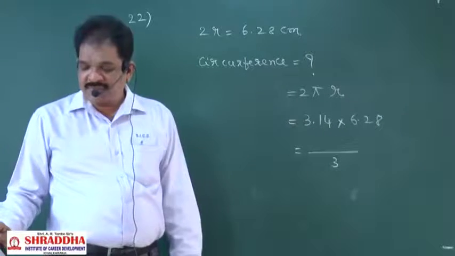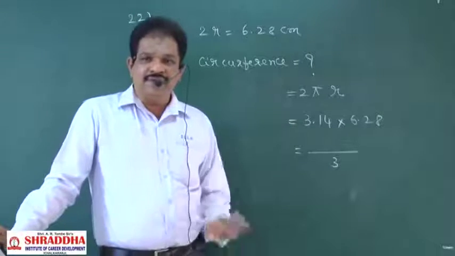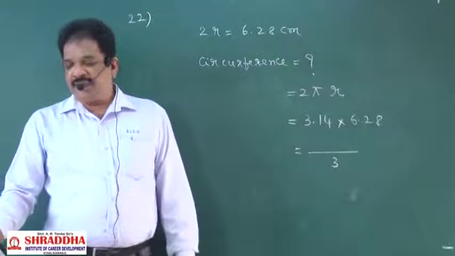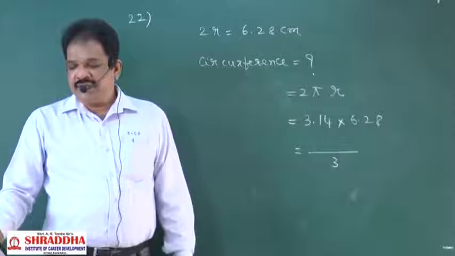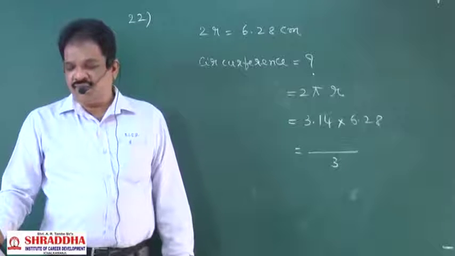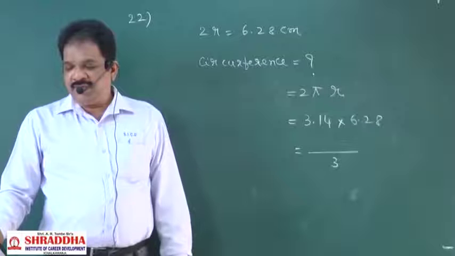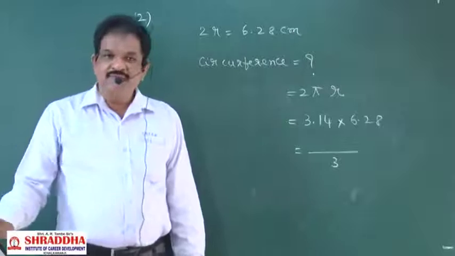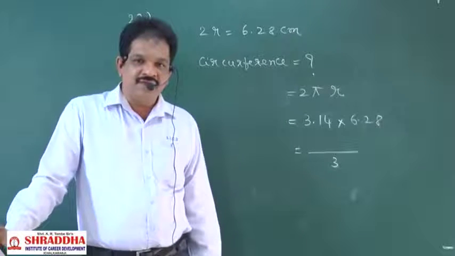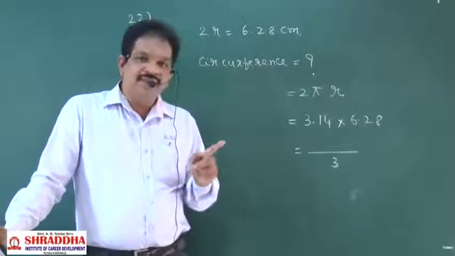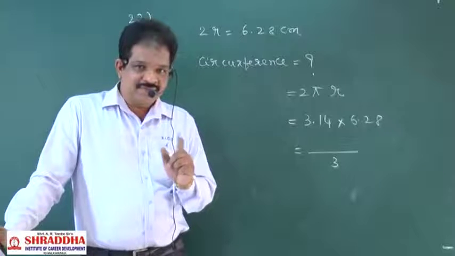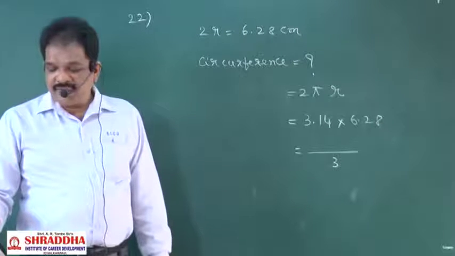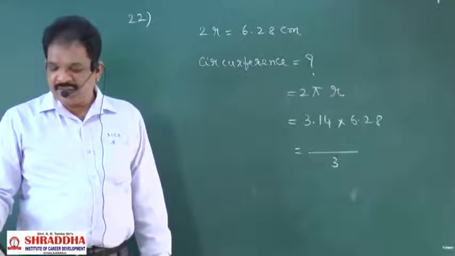What is there in the final answer? You see, first option 19.72 will have 4 significant figures. B is 19.73 only. C is 19.73, with 4. D is 19. Yes, here doubt will come. Are you clear? You can't apply the logic here. Why? A, 19.72, will not be the answer.